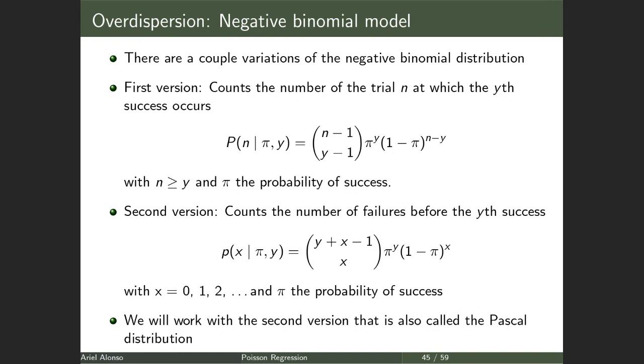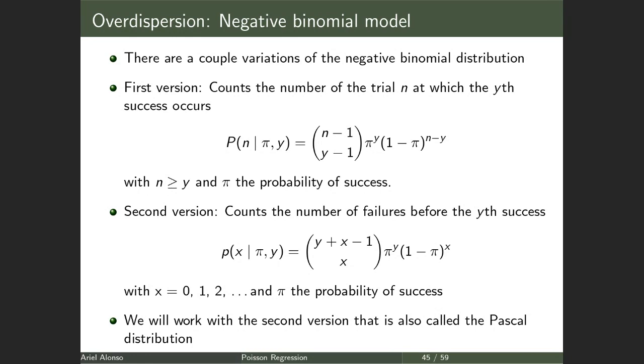This model is called the negative binomial model. It's a model that you typically use when you have over-dispersed data. The negative binomial model is based on the negative binomial distribution. And what is the negative binomial distribution? Well, there are different versions of the distribution, and I'm going to give you two. The first version is you count the number of trials at which you get a number of successes.